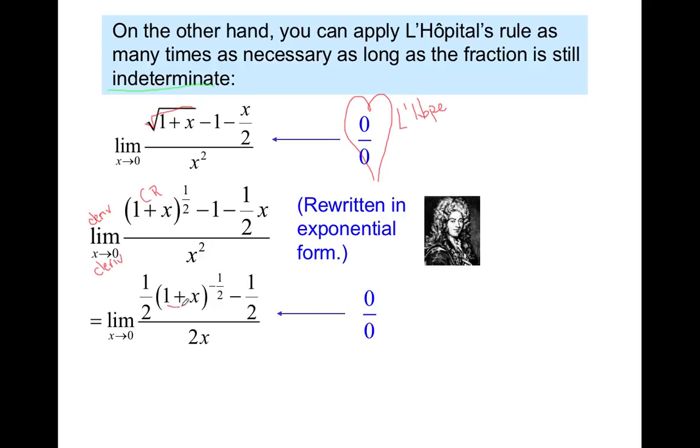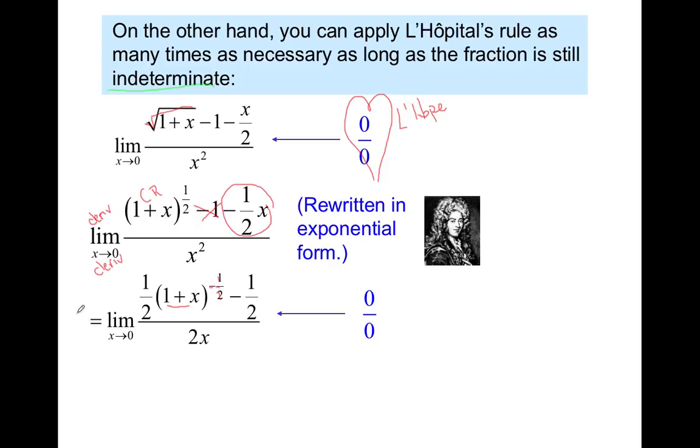I copied over the middle. I subtracted 1 from the exponent and got negative 1/2, and technically spit out the derivative of the inside, but that's just 1. The derivative of this constant is 0, and the derivative of this linear function is just this constant. And then, of course, the derivative of x squared is 2x.